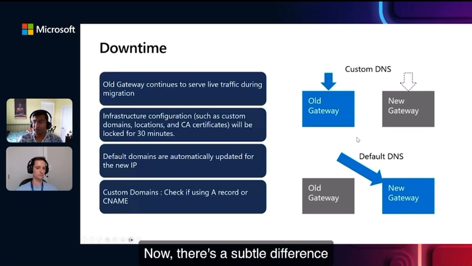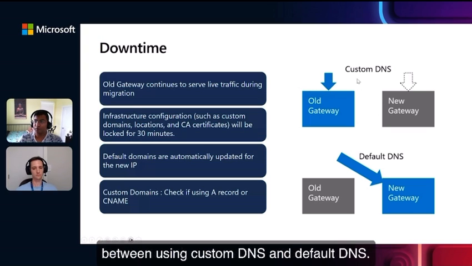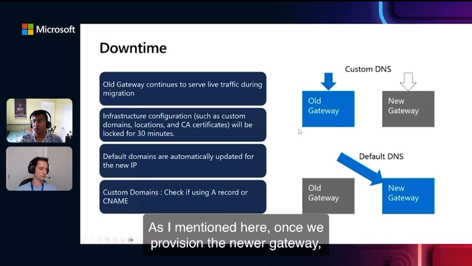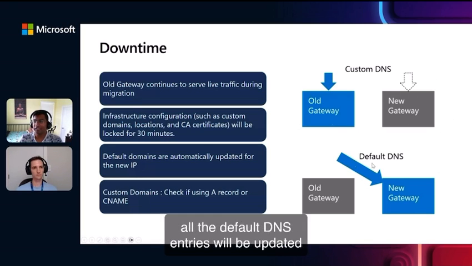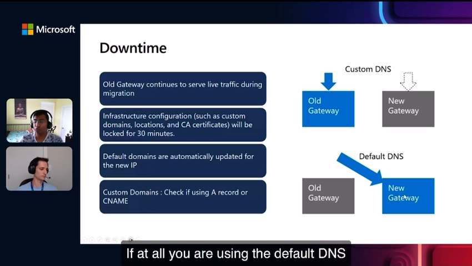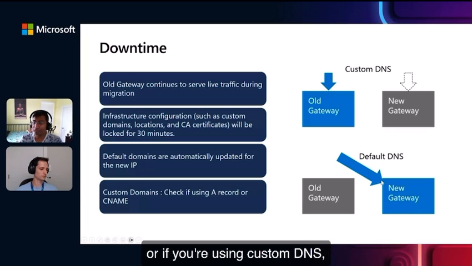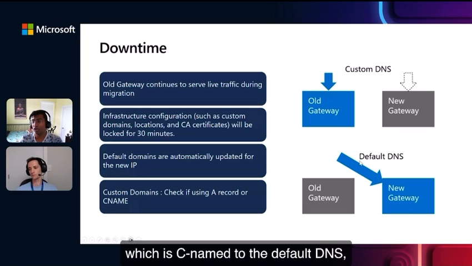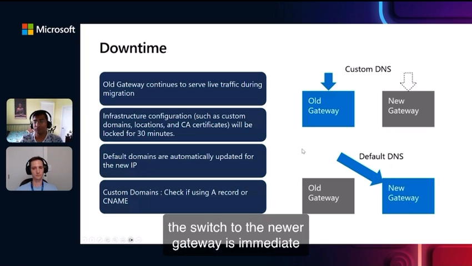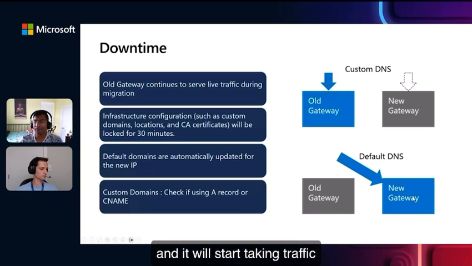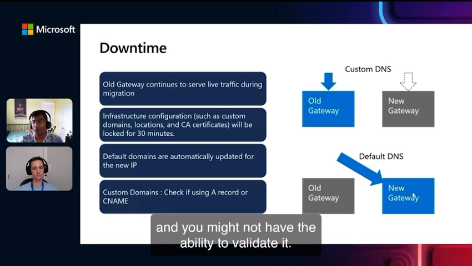Now, there's a subtle difference between using custom DNS and default DNS. Once we provision the newer gateway, all the default DNS entries will be updated to point to the newer gateway. If you are using the default DNS, or custom DNS which is CNAMEd to the default DNS, the switch to the newer gateway is immediate and it will start taking traffic, and you might not have the ability to validate it.